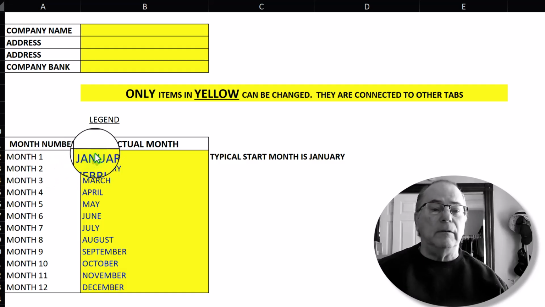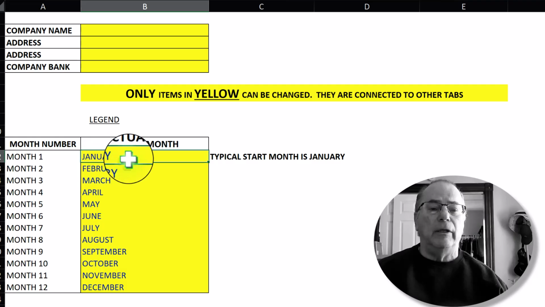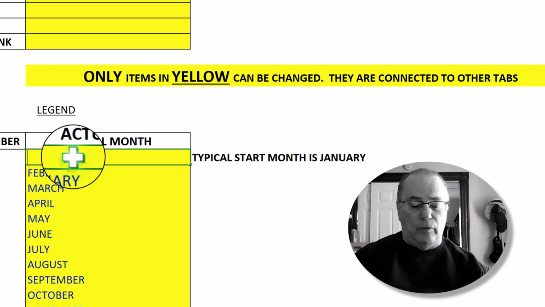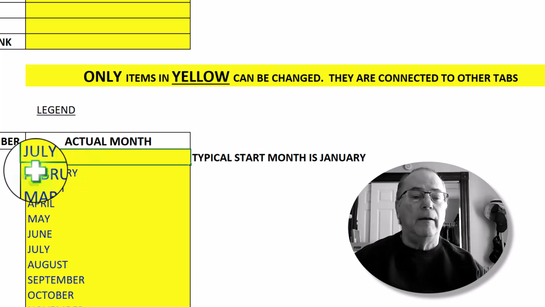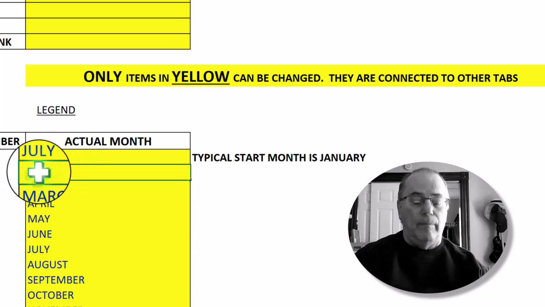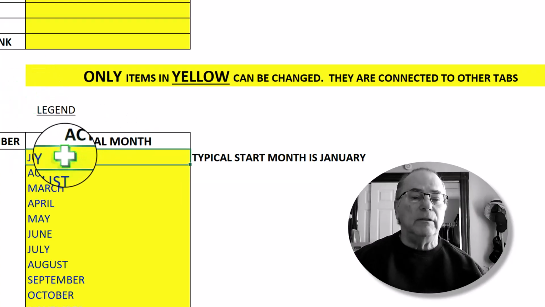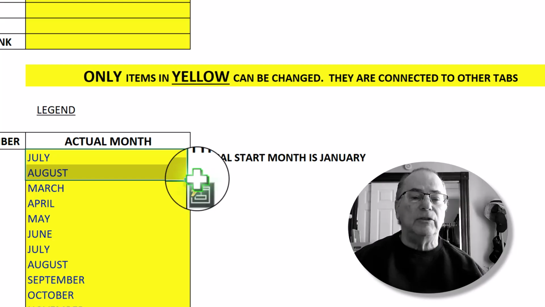Now, let's say your fiscal year starts in July. All you have to do is go back and delete January, put July, August, and you can actually take these two together.